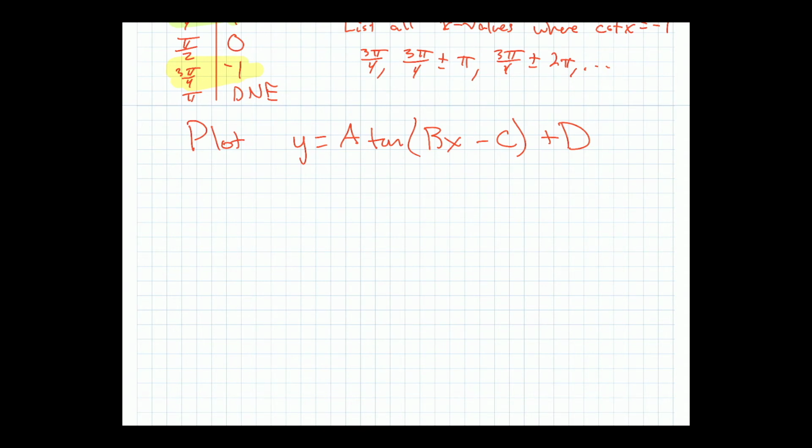If you're trying to graph this, first you're going to calculate the period. Right? Just like always. Period P is pi over absolute value B. Normally you would kind of just go from there, right? That's enough to write your table, but you need the phase shift now too.